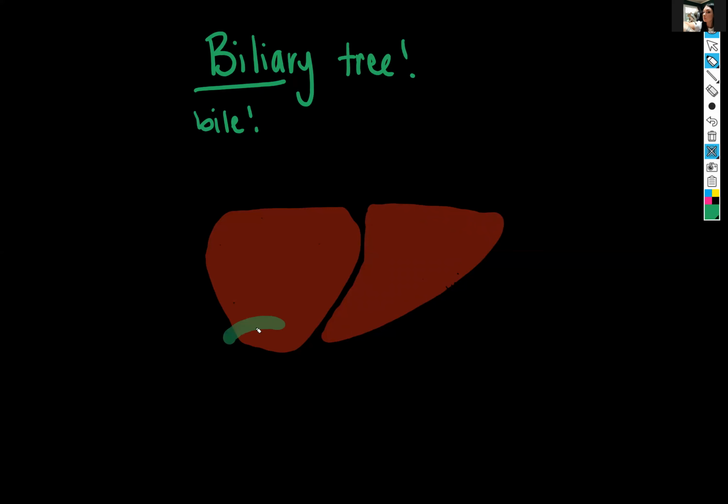So under here, we have the gallbladder. I'm making it a little bit larger than it actually is, just so that I have room. Okay, so remember, we've got right lobe, left lobe, right?